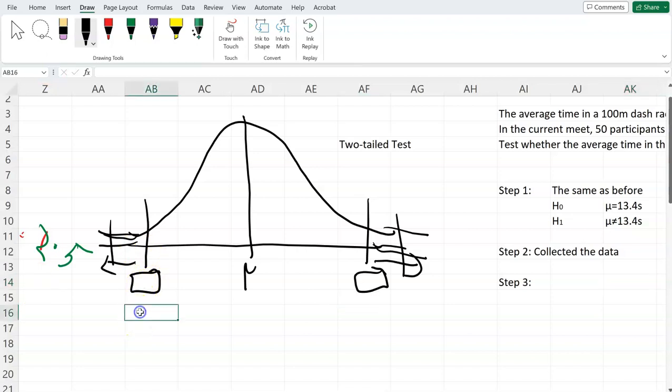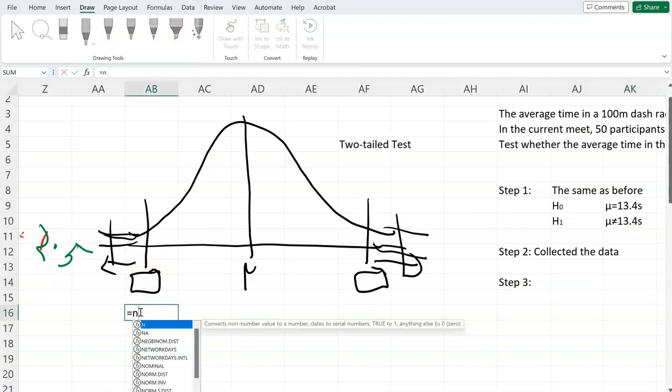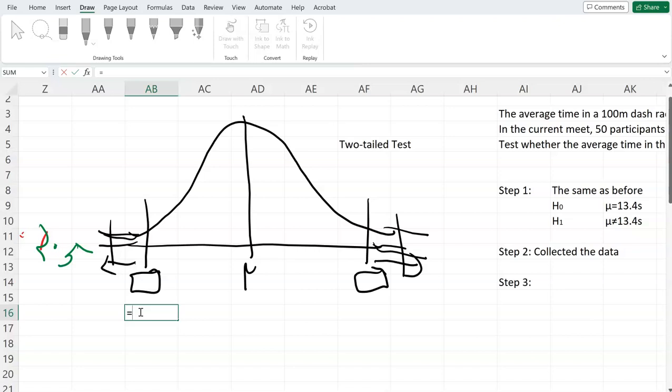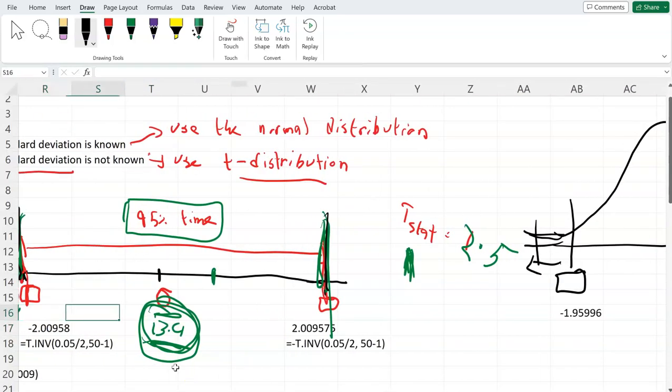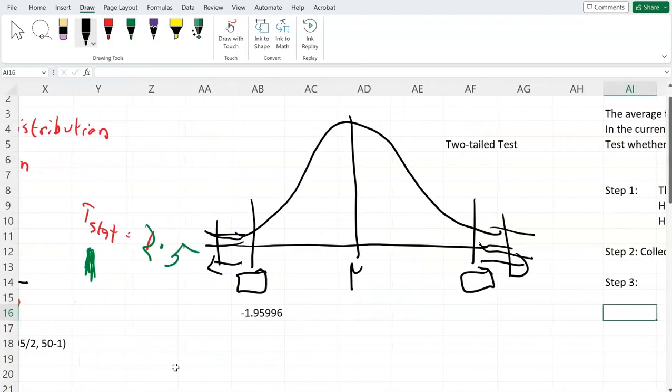The z-value would be NORM.S.INV, with the probability 0.05 divided by 2. And so we say it is 1.959. This is assuming we are doing a 95% test.